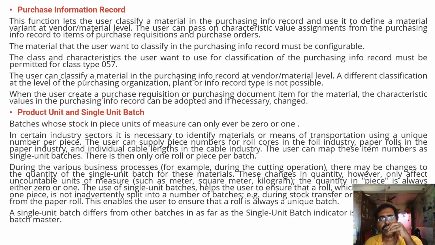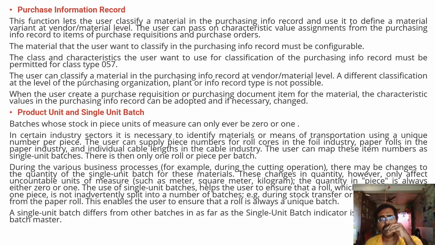During various business processes, for example during the cutting operation, there may be changes to the quantity of the single unit batch for this material. These changes in quantity however only affect the units of measure such as meter, square meter, kilogram. The quantity in piece is always either 0 or 1.